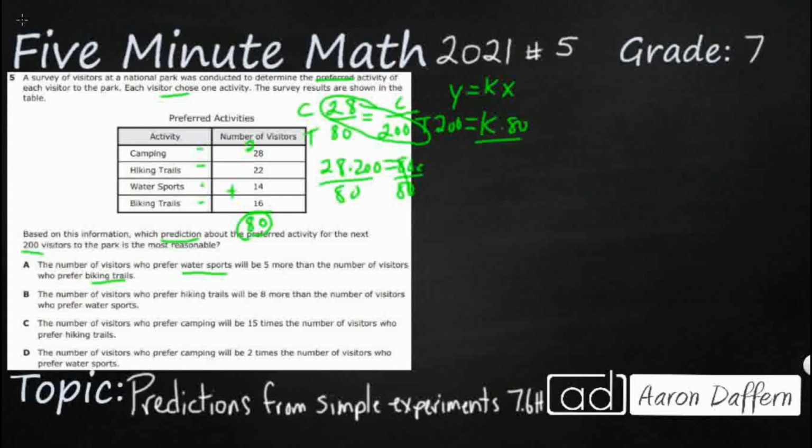If I want to isolate that k, let's divide both sides by 80. And look, I've got my k, my constant of proportionality, which equals y over x, is 200 over 80. Let's take a 0 off each. 20 divided by 8, that's something I could do. 20 divided by 8 is going to be 2.